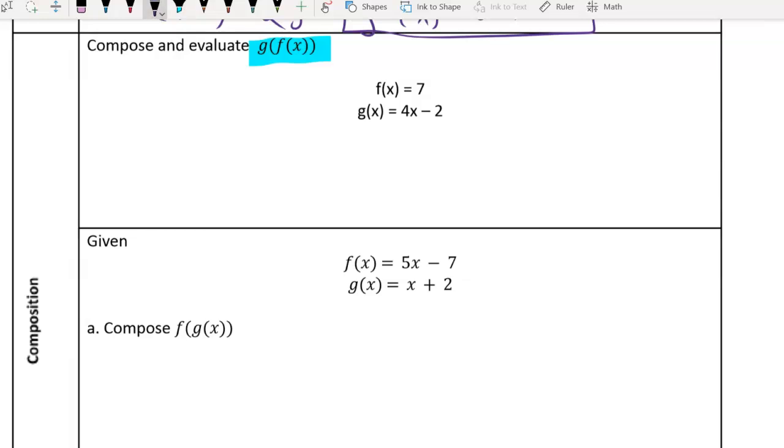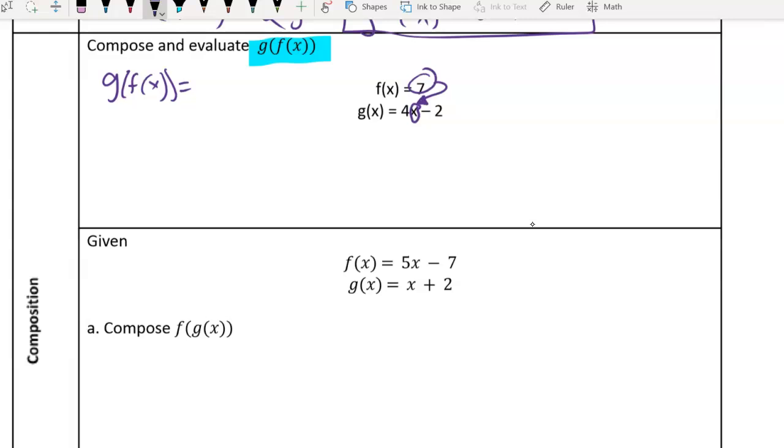So when we solve these, we want to say g of f of x, we write it again, and says equal. We'll start writing the g of x, but instead of x, we're going to place f of x into x. Not next to x, we're taking away the x and putting it where x was.